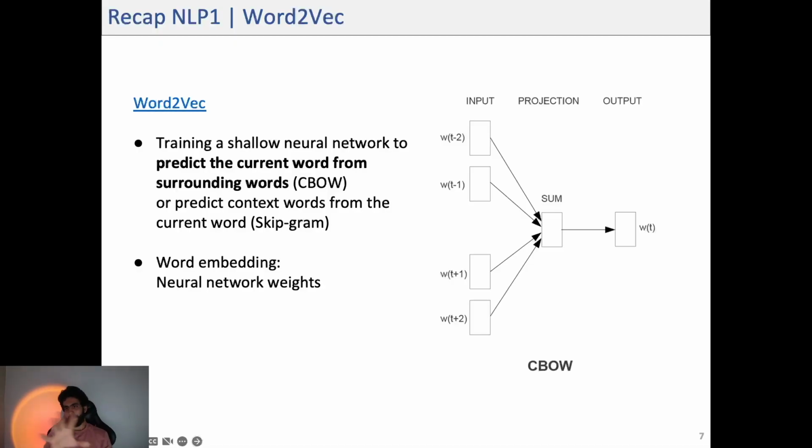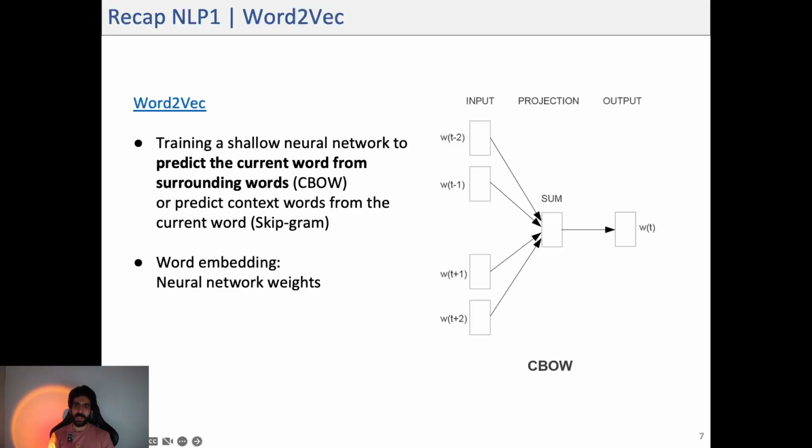So in this example on the slide, we are feeding in the words at time steps T-2, T-1, T+1, T+2, and then we're trying to guess the word at time T. The second option, not shown here, is also called skipgram. It flips the setup. We start with the center word, and then we try to guess the surrounding ones.